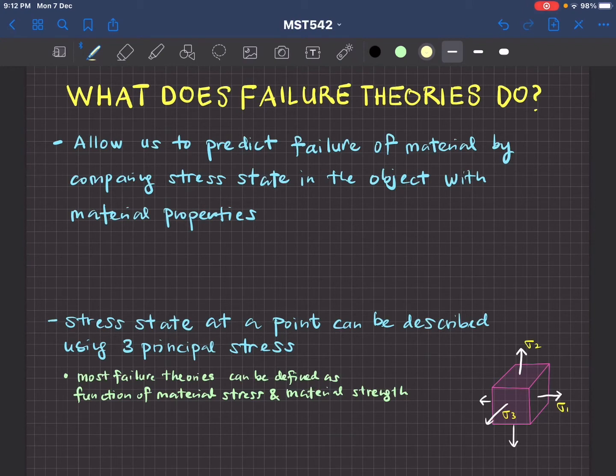So what do failure theories do? They allow us to predict a failure of material by comparing the stress state in the object that we are assessing with material properties that are easy to determine, such as the yield strength for a ductile material, or the ultimate strength for a brittle material.